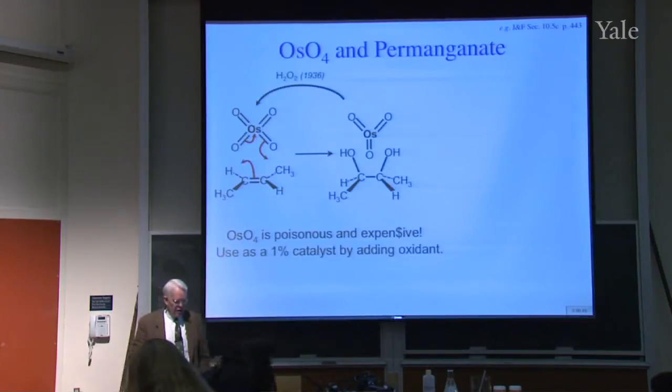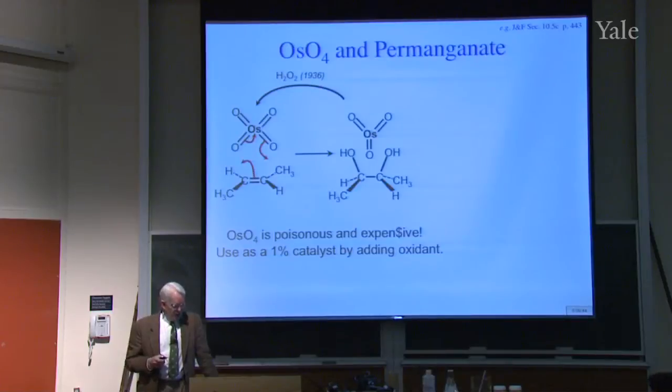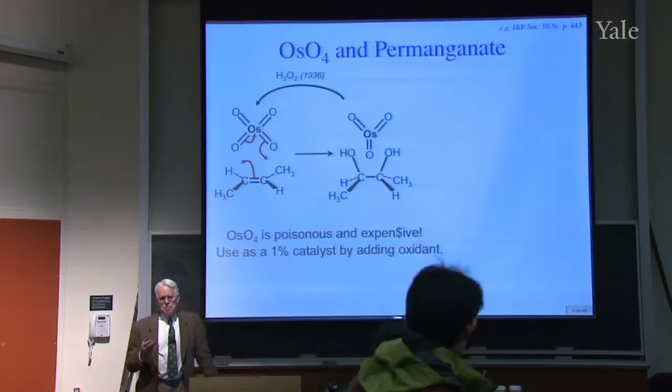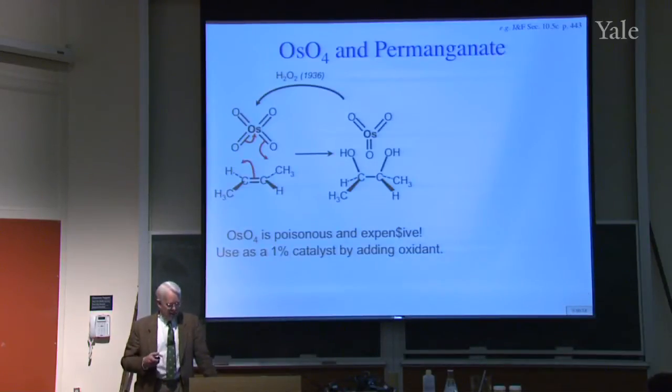And the way you could do it is to use just a little bit of it as a catalyst and put hydrogen peroxide in there in order to convert the osmium equivalent of trioxide back to the tetroxide again, so it can cycle around and keep doing the reaction.